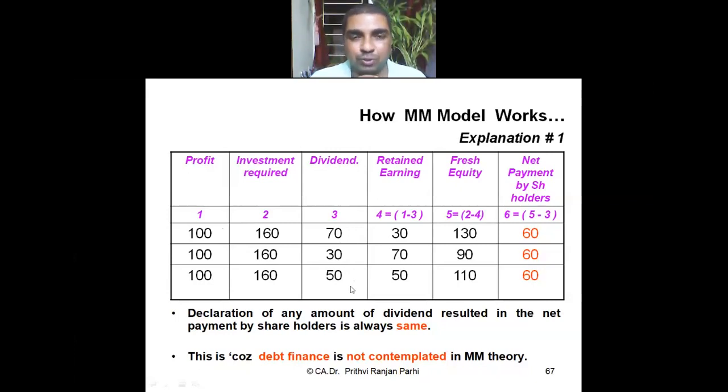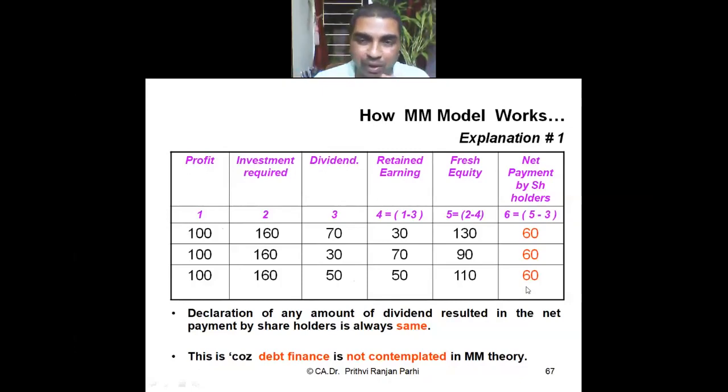But now you have understood that whether I pay high dividend or low dividend or moderate dividend, effectively the money I'm collecting from the shareholders in all the three situations is the same. Is it not? Effectively, I'm collecting the same amount from the investor, provided I have a need to invest.